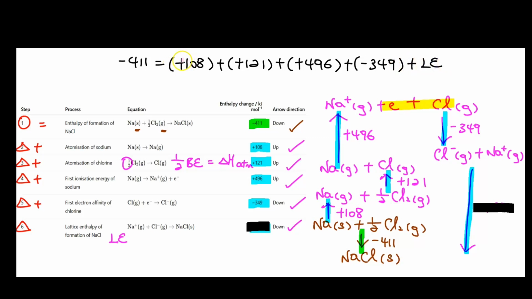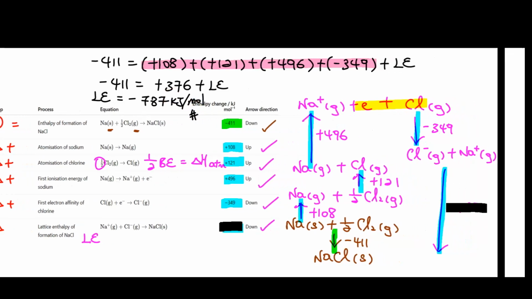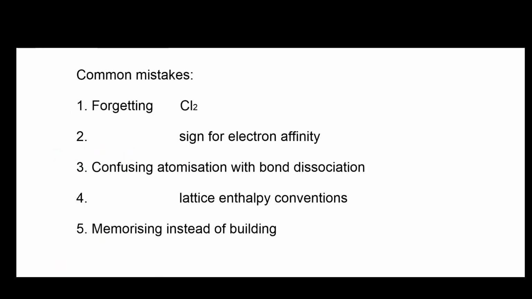The sum of the known indirect steps is positive 376. Therefore, lattice enthalpy is negative 787 kilojoules per mole.